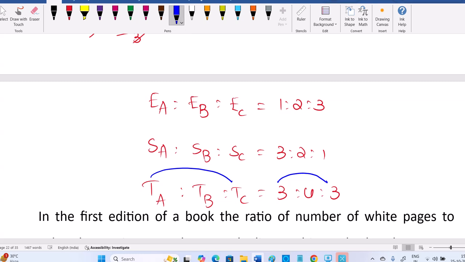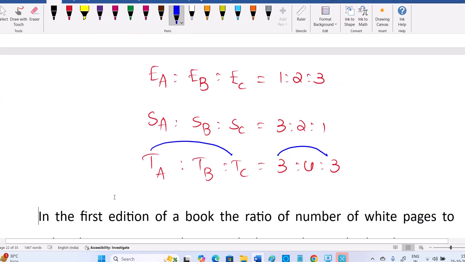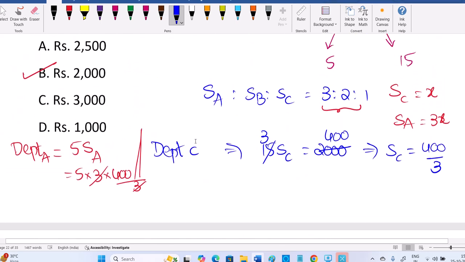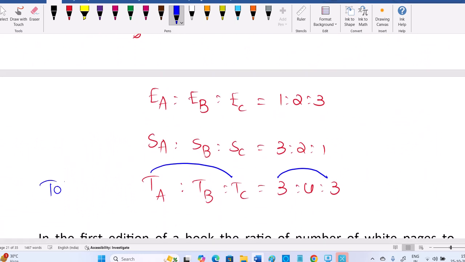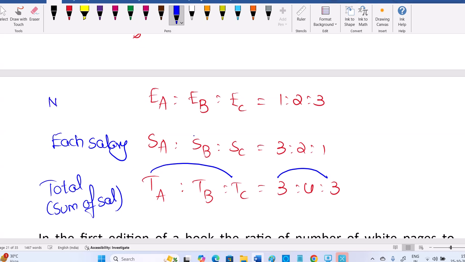As C's salary is 2000, A's salary is also 2000. If we did all the calculation, we'd finally get the same answer. That's what we already did, but this is simple. Here T means total. This is each one's salary, and this is the number of employees in each department. So then you can get things easily.